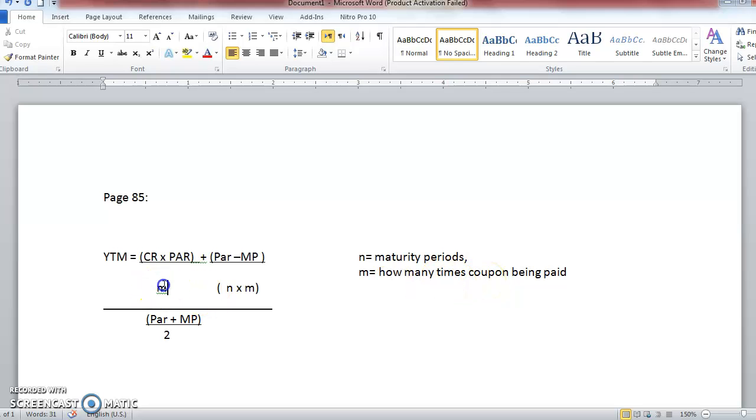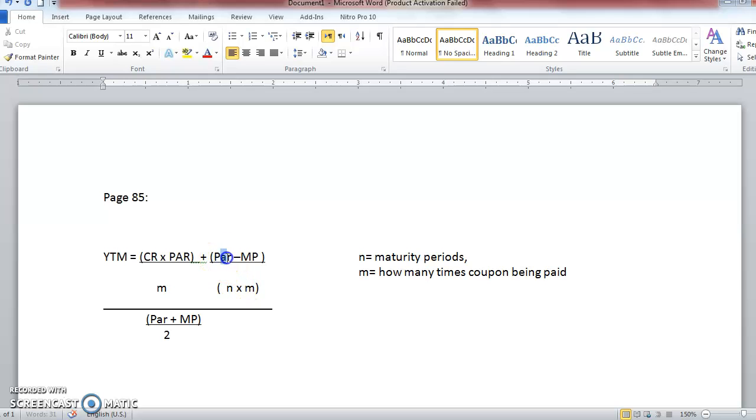Of course, this one you have to divide by 2 first, so it will affect your calculation. But most of the questions just give one coupon payment only, once per year, so nothing happens over here.